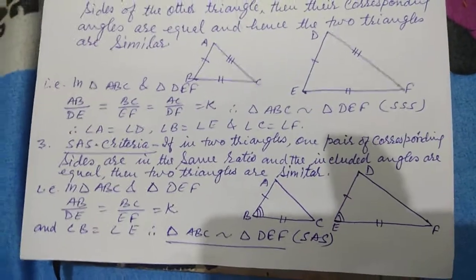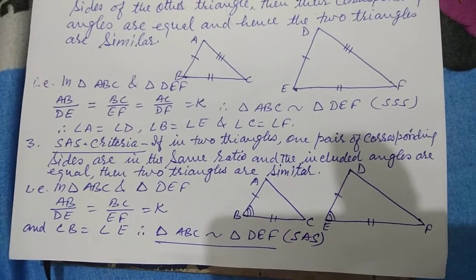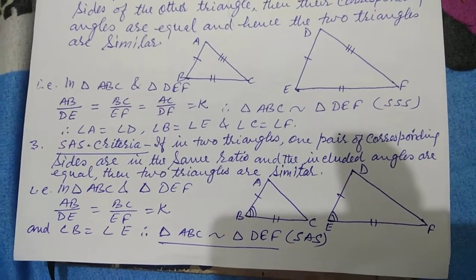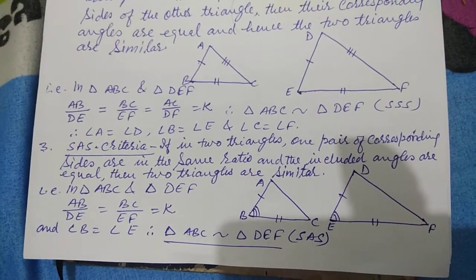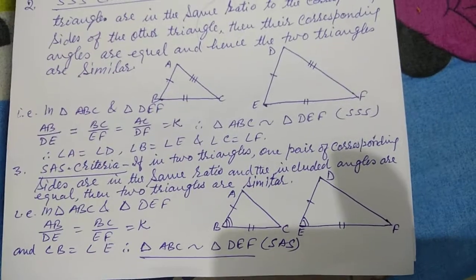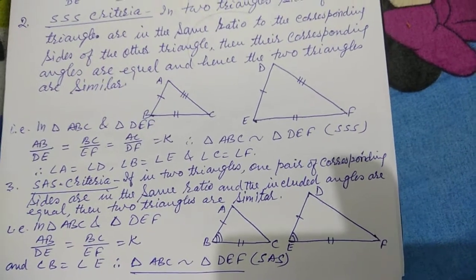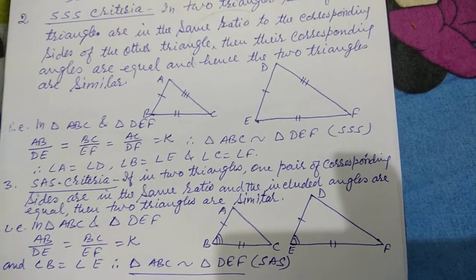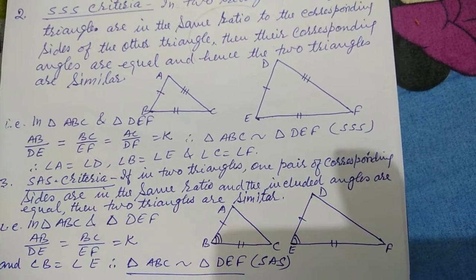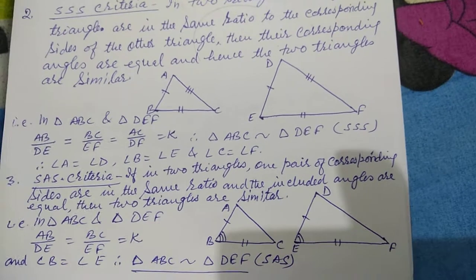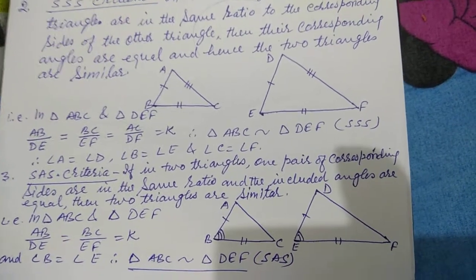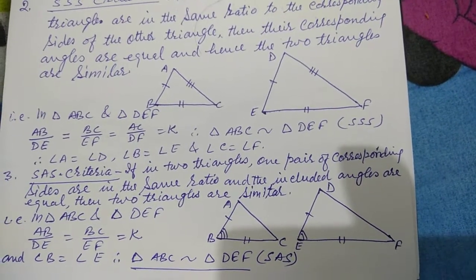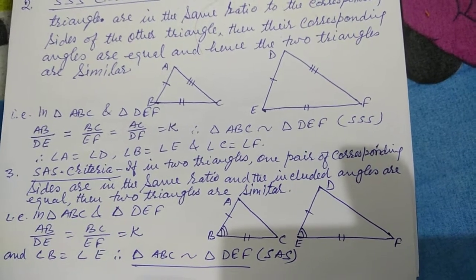Next is SAS criteria. That is, if in two triangles, one pair of corresponding sides are in the same ratio and the included angles are equal, then the two triangles are said to be similar. For example, let it be in triangle ABC and triangle DEF.